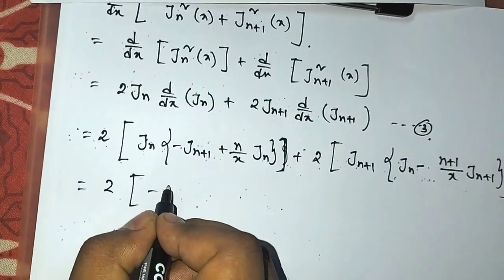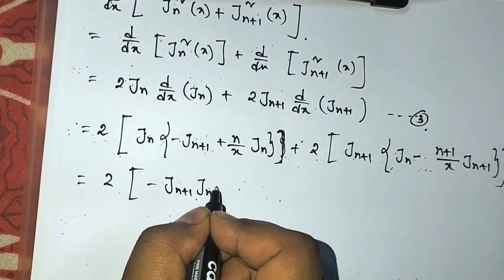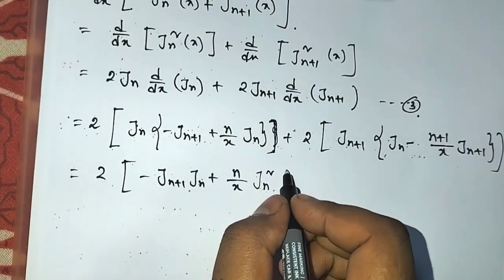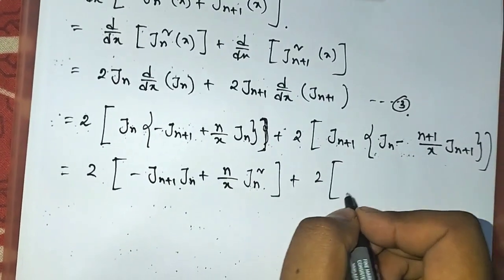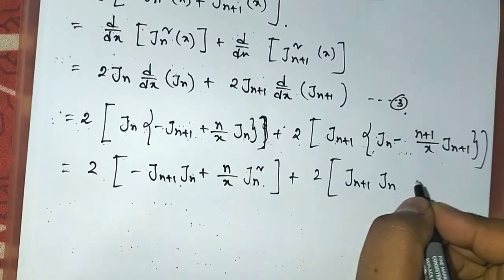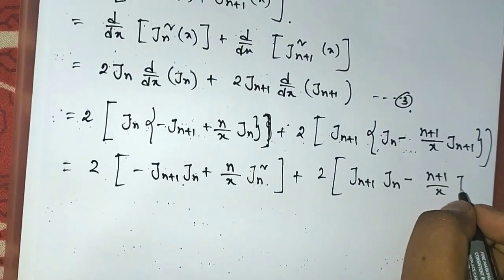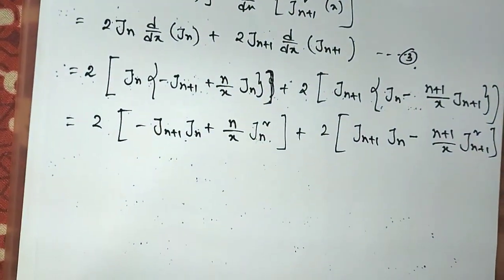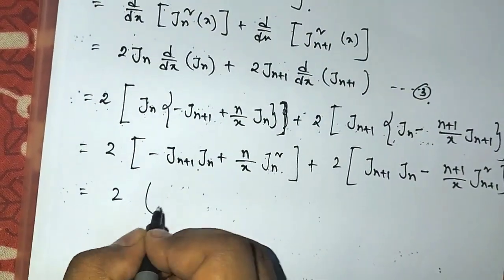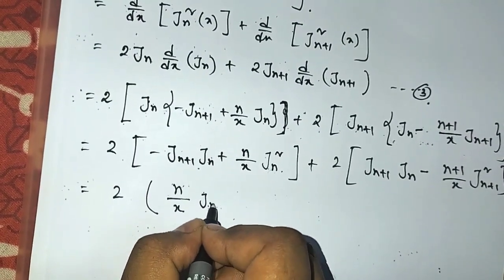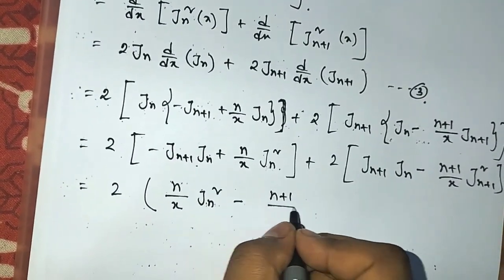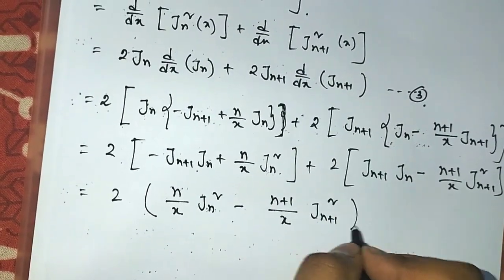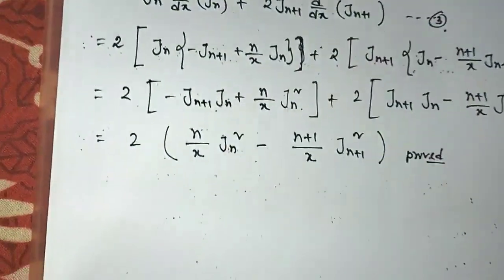Now you can write it equals minus J_n+1 into J_n plus n/x J_n square plus 2 into J_n+1 into J_n minus (n+1)/x into J_n+1 whole square. Clear? From here you can write 2 into n/x J_n square minus (n+1)/x into J_n+1 whole square. Okay, so this is proved.